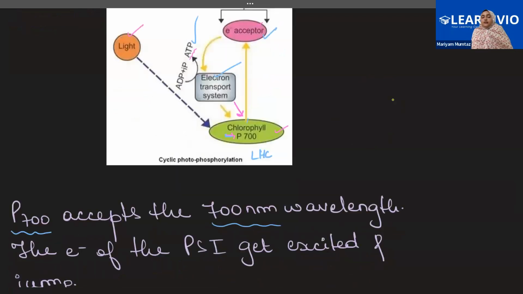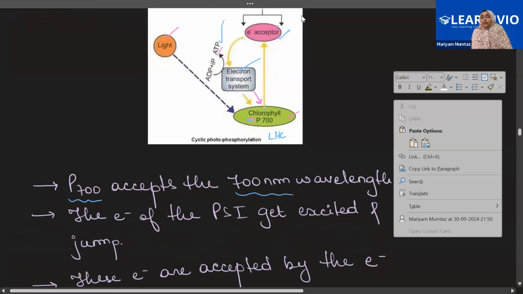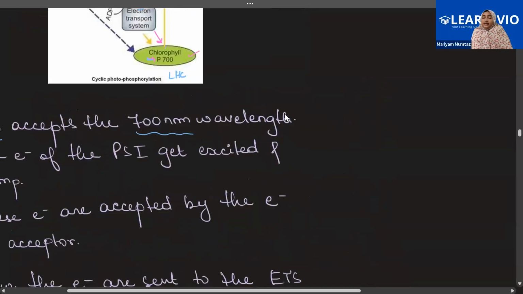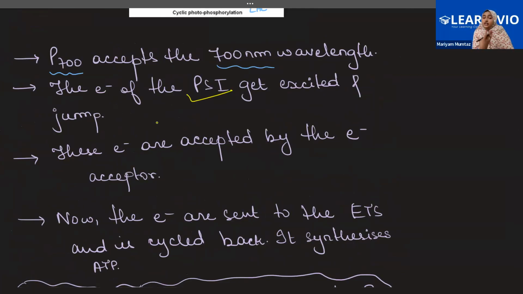So this is how cyclic photophosphorylation takes place. What happens here? The P700 accepts the 700 nanometer wavelength. The electrons of the PS1, that is photosystem 1, get excited and start jumping.